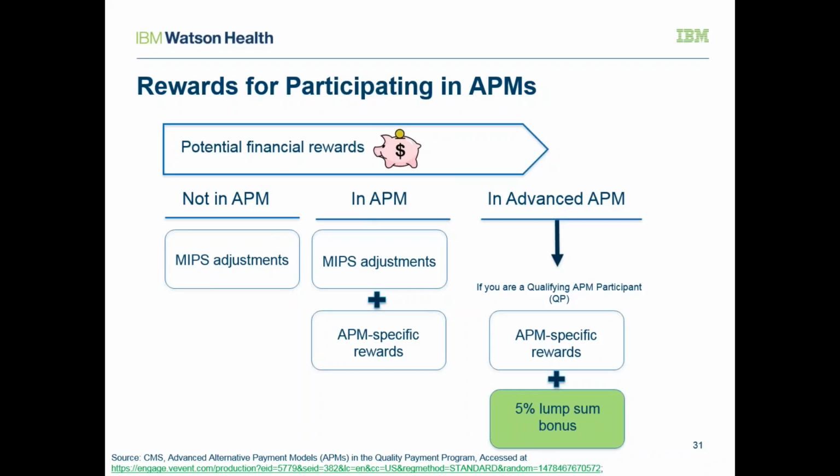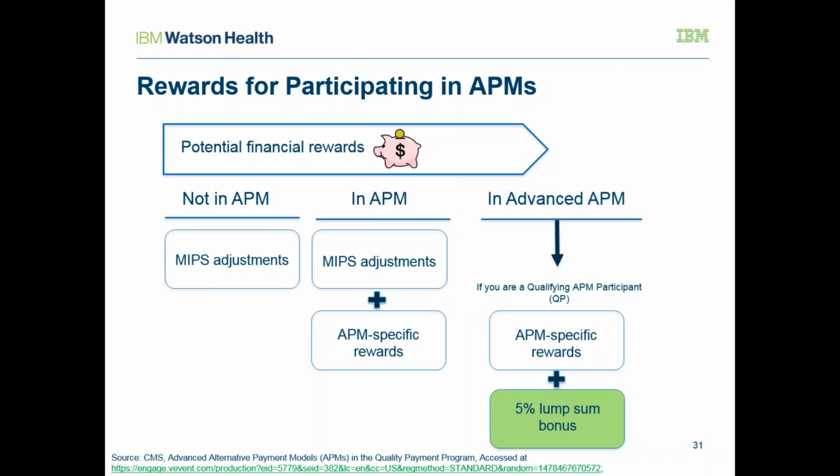So if you're in an APM, if you're in MSSP Track 1, it now qualifies you to submit your regular ACO reporting, and it will account for your MIPS adjustment. So that's a positive.